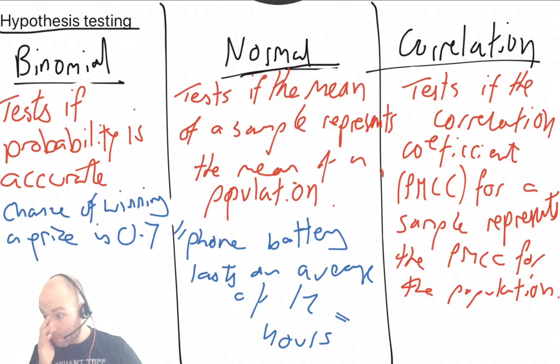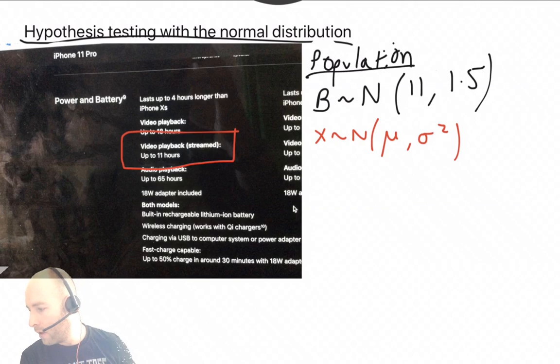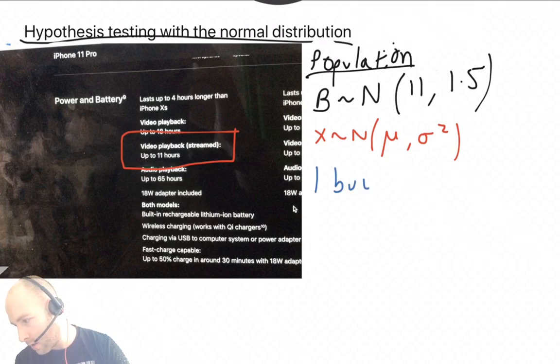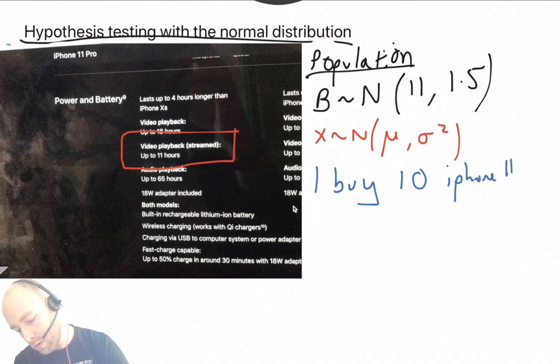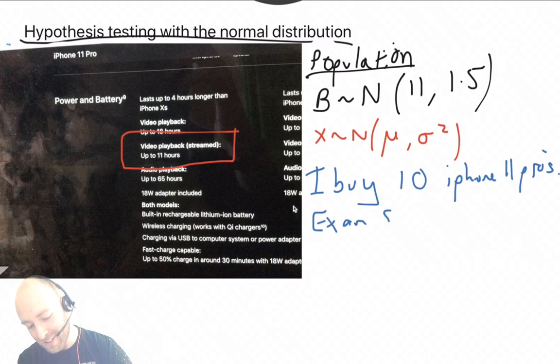Okay, so now that I'm a big YouTuber, if I bought 10 iPhone 11 Pros, because I can afford that now, I've got all my YouTube content coming in. And let's say that Exam Solutions, my main competitor in this world, buys 10.